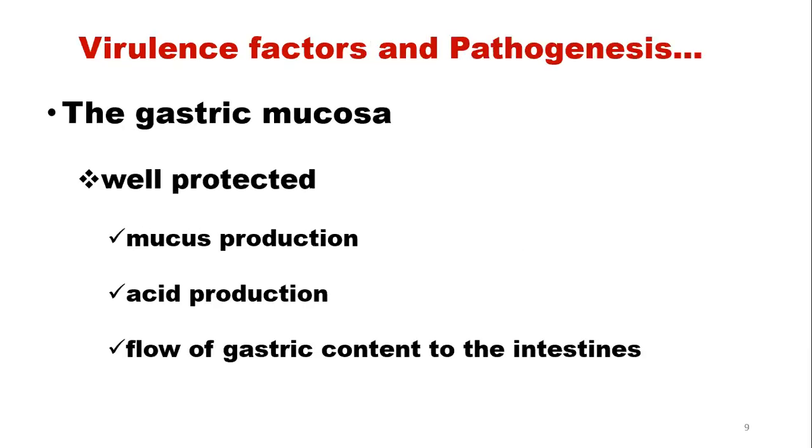What are the virulence factors and how does the organism cause infection? Remember that the gastric mucosa is well protected. The acid produced is quite corrosive, so the mucosa cells are protected by the production of mucus and the flow of gastric content into the intestine, so you don't have a pooling of corrosive liquid in the stomach.